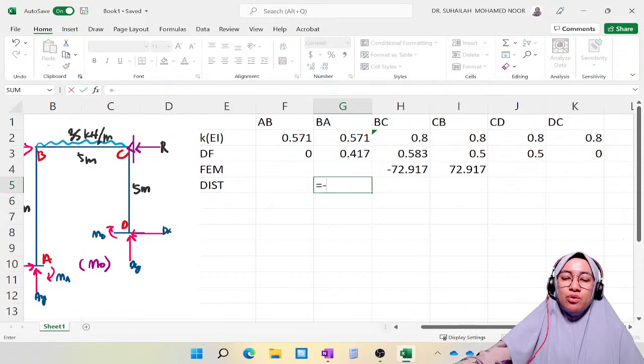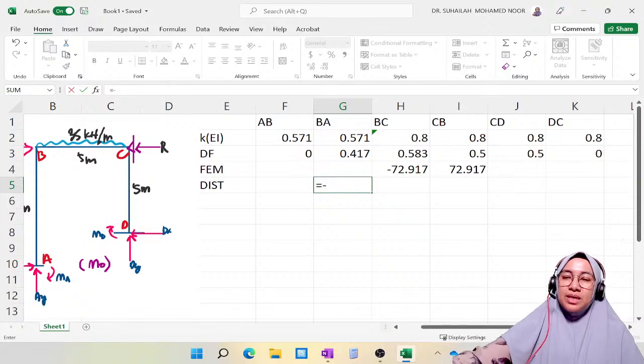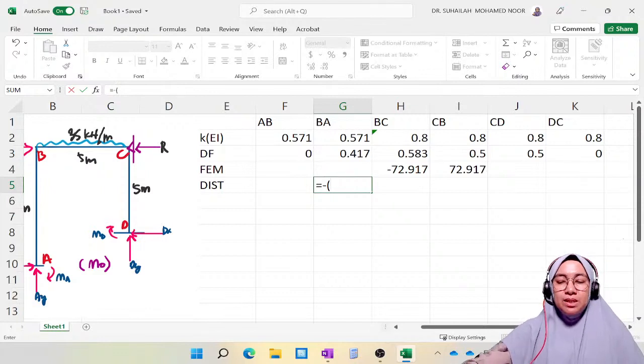I want to set a formula so that I can save time and don't need to repeat the calculation again and again. That is why I choose to use Excel. So it is negative to represent joint moment.